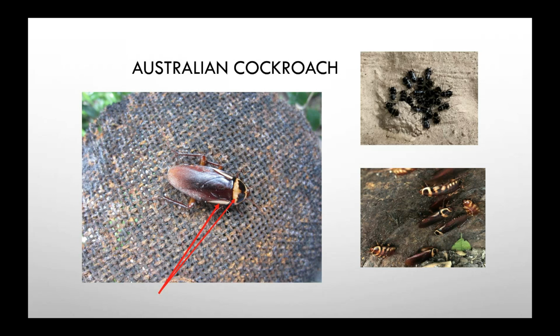So that's important. If you can deal with those, you can start dealing with the cockroach. But this cockroach likes to be more of an outside one rather than an inside one, even though you will definitely find it inside.